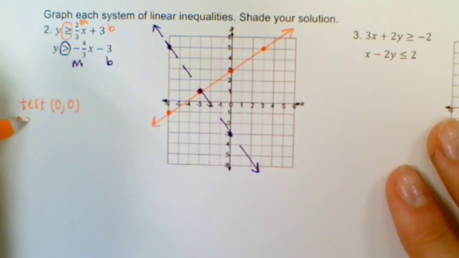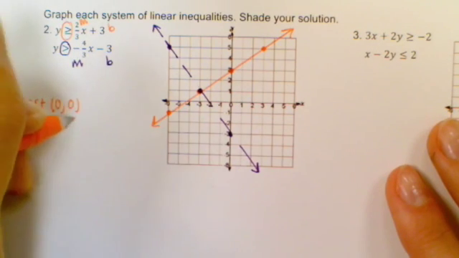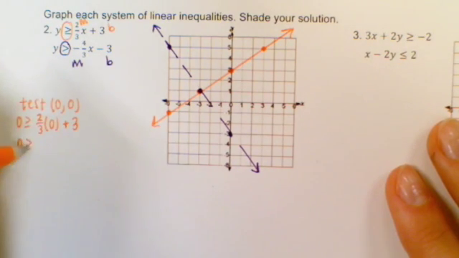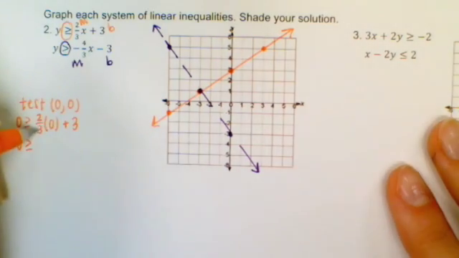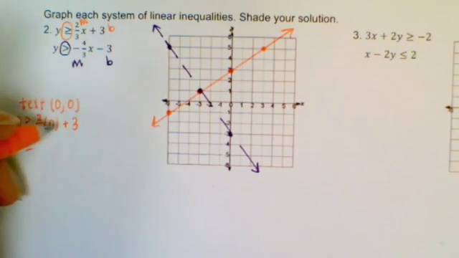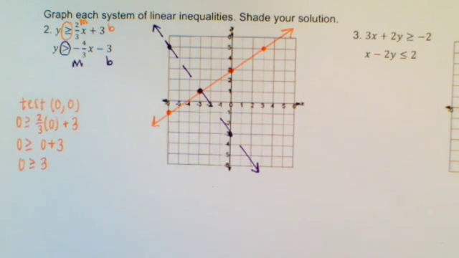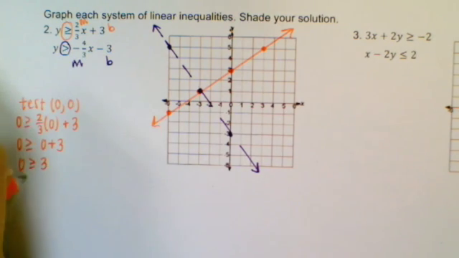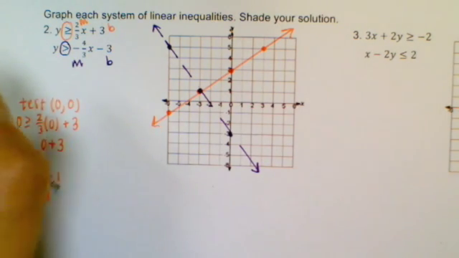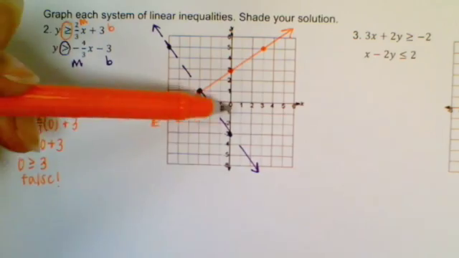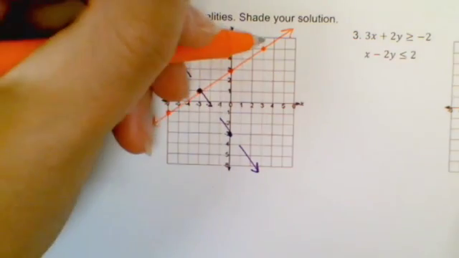So 0 is greater than or equal to 2/3 times 0 plus 3. 2/3 times 0 is 0, plus 3 is just 3. Is that statement true? Nope, it's false. So I can't shade right here because that's not a solution, so I'm going to shade up above.